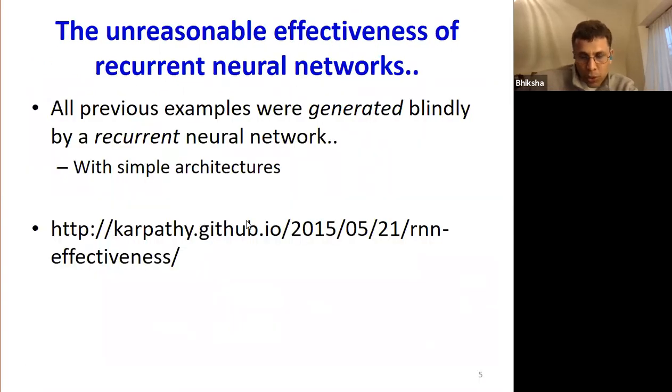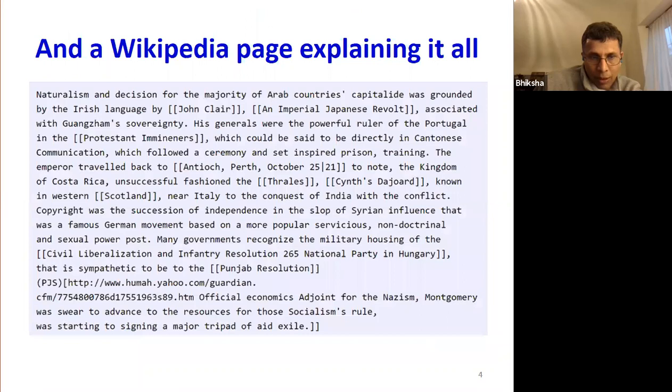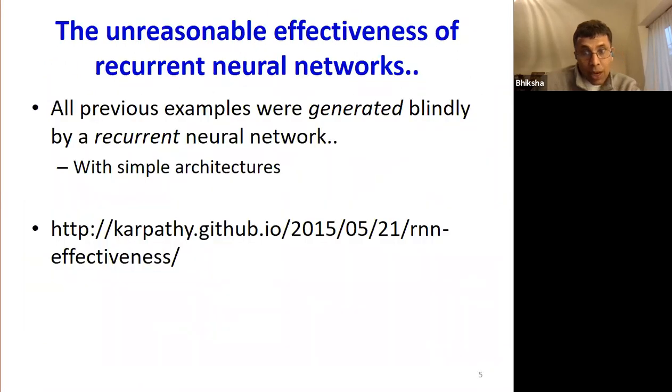But this is not where the state of the art is. The reason I'm showing you these things is that the neural networks that produce these magical bits of generation were not particularly complex. All the code that was used to produce this stuff can be found on Andrej Karpathy's GitHub page, where he talks about the unreasonable effectiveness of recurrent neural networks.